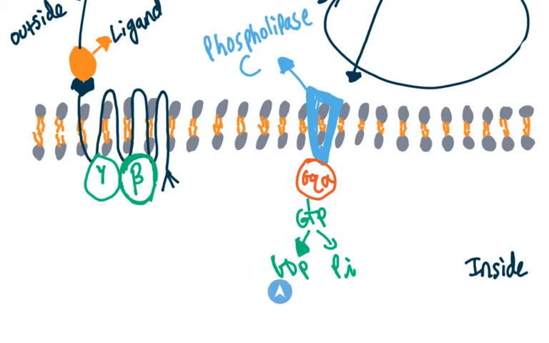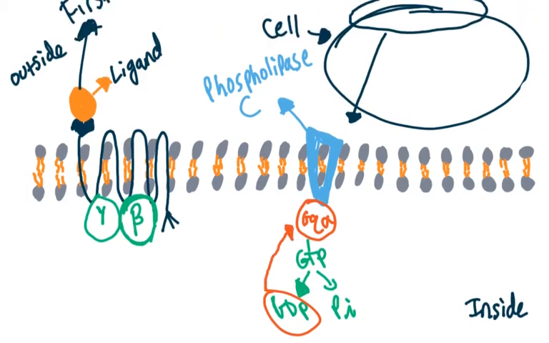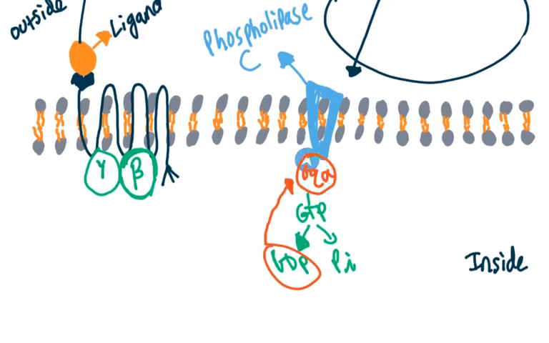So once the GDP is formed from the hydrolysis of GTP, GDP is going to inactivate our GQ alpha protein. However, once it binds, phospholipase C will get activated first, and then our GQ protein will get inactivated by our GDP.